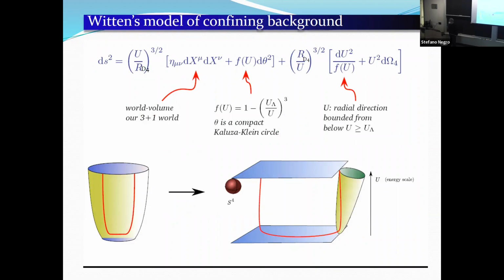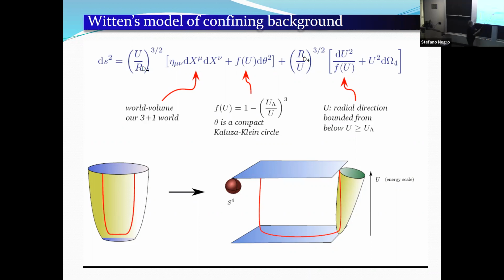Holographic coordinates. Let me demonstrate it with the so-called Witten's model, which is a model of a compactified D4 brane. That's a 10-dimensional metric, and it has an ordinary 4 flat dimensions, but with a warp factor.